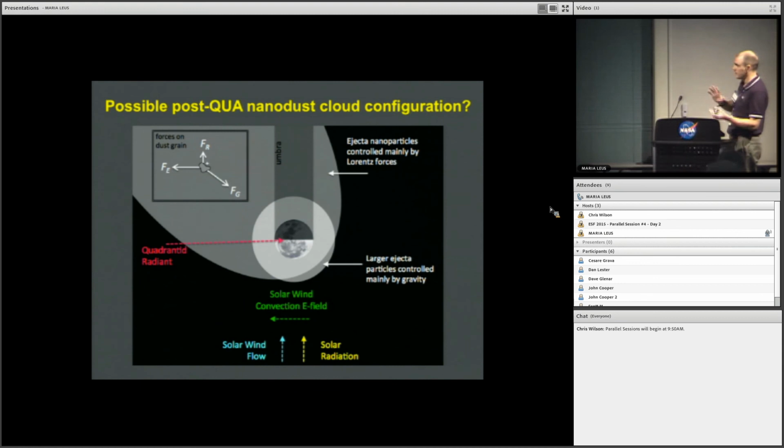This could give you an asymmetric distribution of nanodust around the moon if it was sourced as part of the ejecta population. This is our current best guess for what was happening during that interval and how you might get this nanodust. But to make up that huge difference between the Krivov estimate and the inferred dust abundances, we've still got a long way to go.